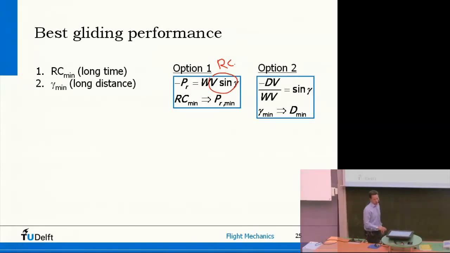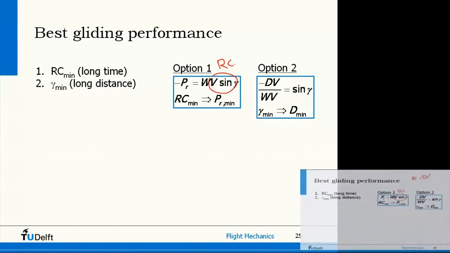The other option is basically if you write out the equation, then what you can say is, okay, P_R is D times V. So if I divide the left hand side and the right hand side by airspeed, then you get minus drag over weight is the sine of gamma.